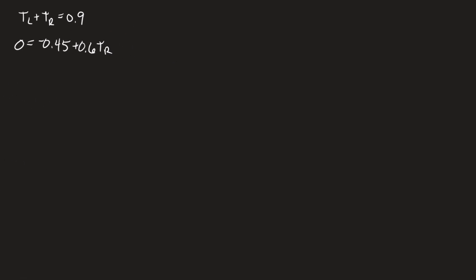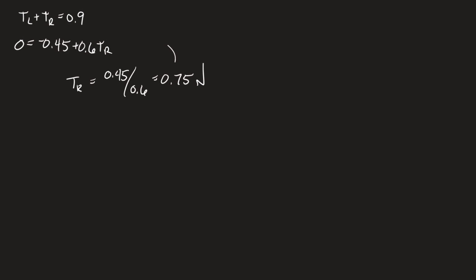So all the work we did was just to get these two things and see if they will tell us what TR and TL are. And they do. And if I solve this, I'll get TR equals 0.45 divided by 0.6, which is 0.75 newtons.